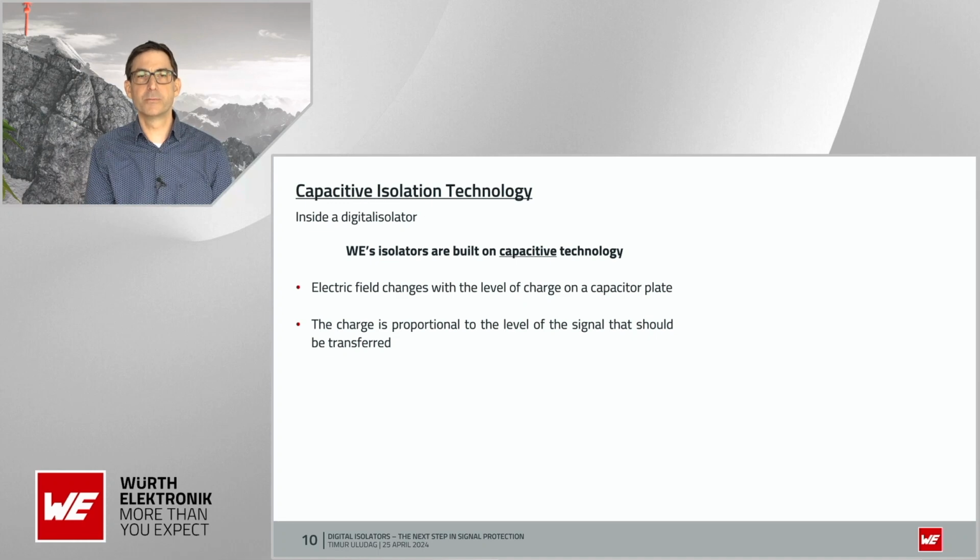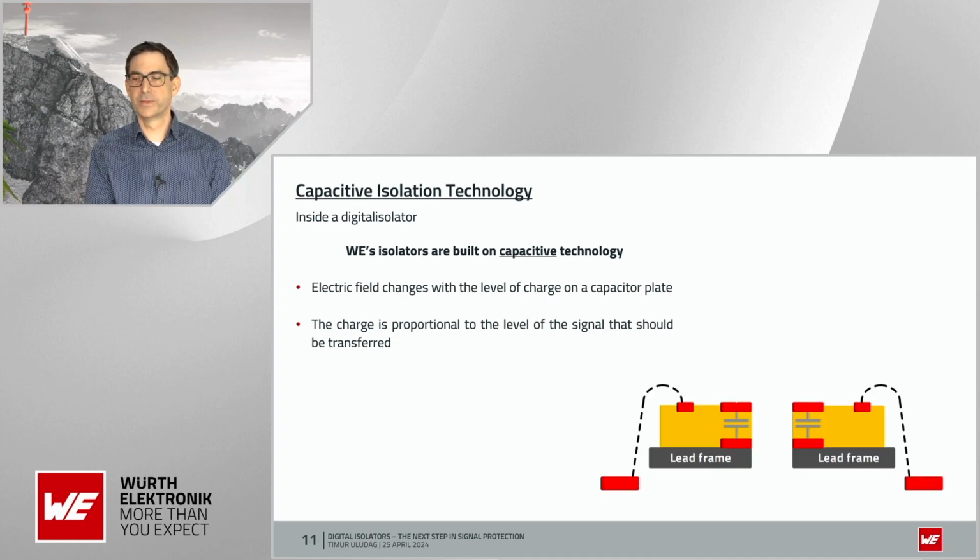How is it built up? The digital isolators here are manufactured in a standard CMOS technology process. The capacitors of the transmitter, here you can see, are laid on a lead frame. The capacitors themselves, here in gray, are formed between two horizontal contacts that we have here in red.